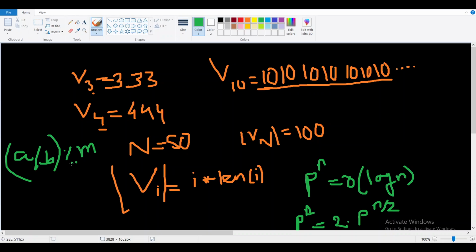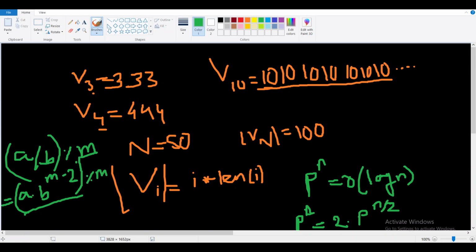So a by b mod m is nothing but a into b to the power m minus 2 percent m. How this formula comes, I will give the link of the GFG article in the description box. There are some conditions, but here m is prime, so this condition is satisfied. So we can write a by b as a into b to the power m minus 2 modulo m.